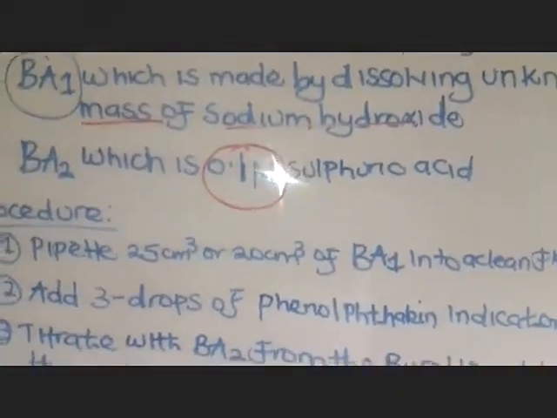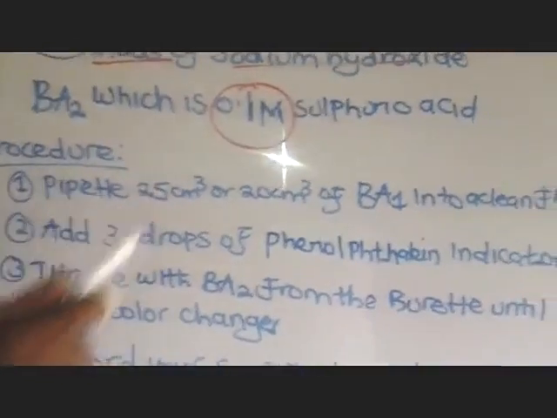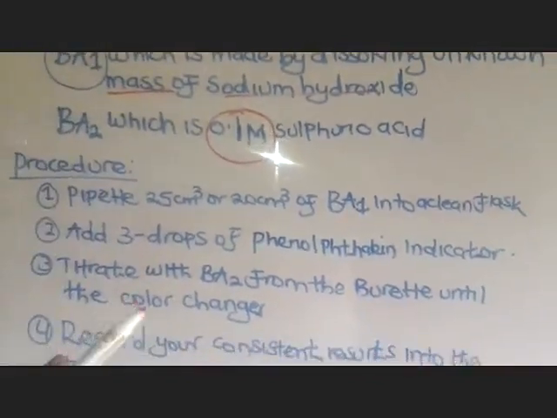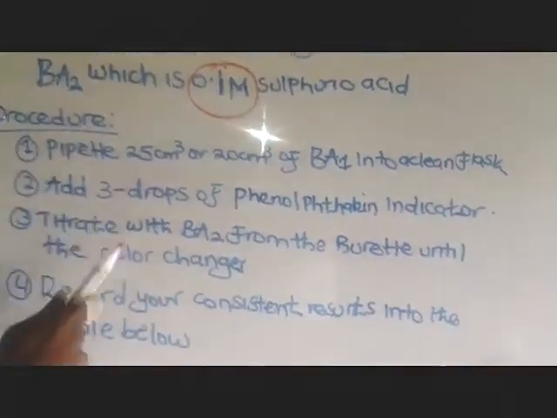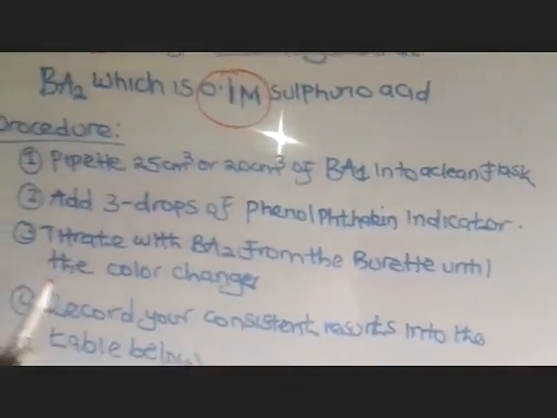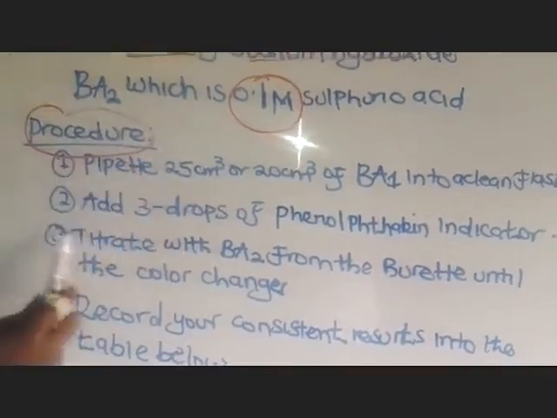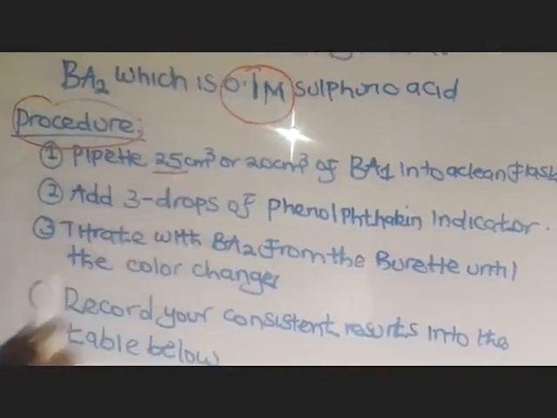Then in our procedure, remember when you are doing this work, you have to read the procedure properly. Your marks or your results are going to rely on the procedure, so you have to give it a lot of time. They are saying in our procedure that we pipette 25 cubic centimeters.